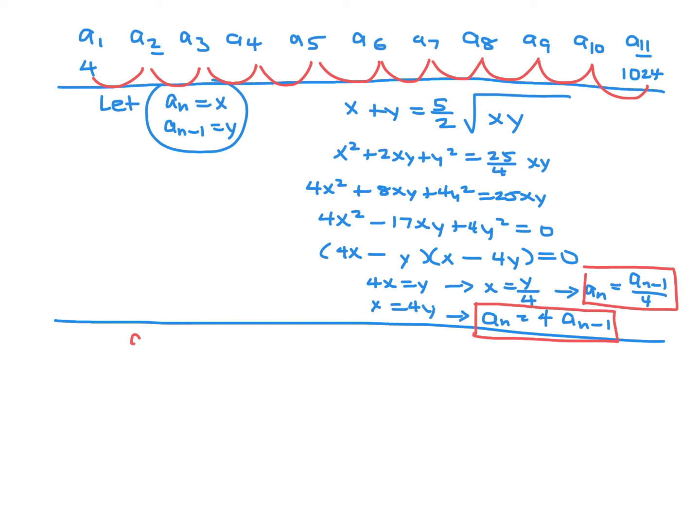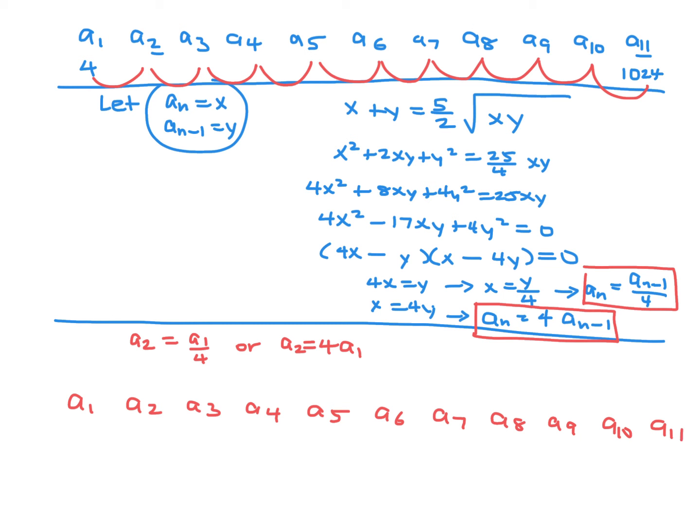For example, a2 would be either a1 divided by 4, or a2 would be 4 times a1. We've got two choices. Let's give one such scenario, writing in a1, a2, up to a10. This is just one example to illustrate how you'd figure out what these numbers are.